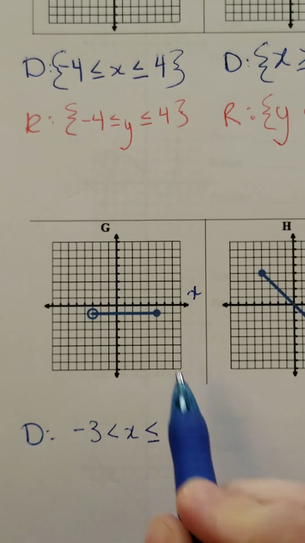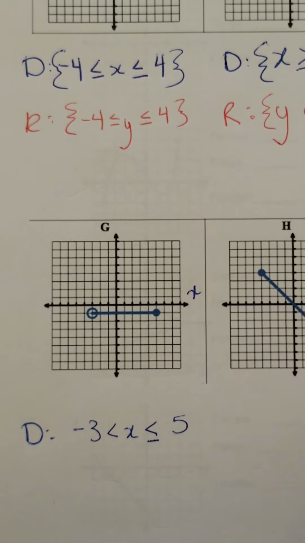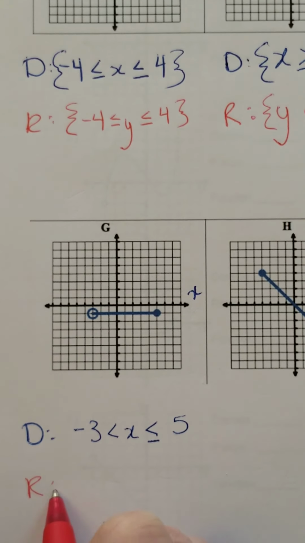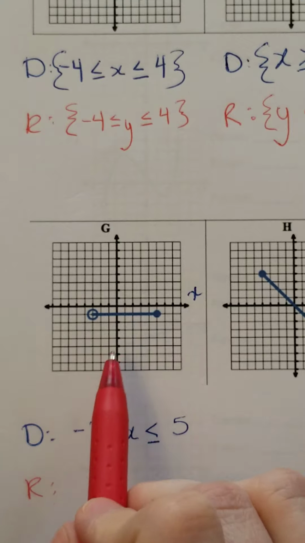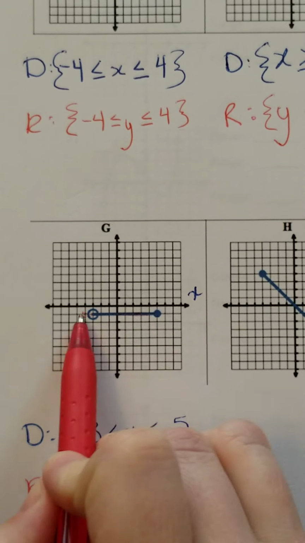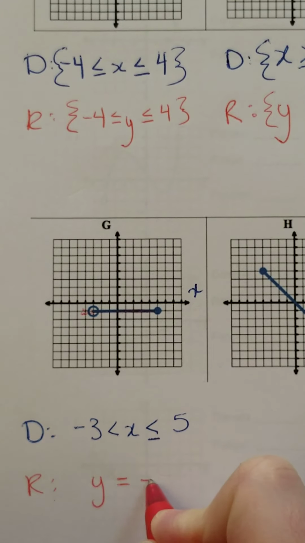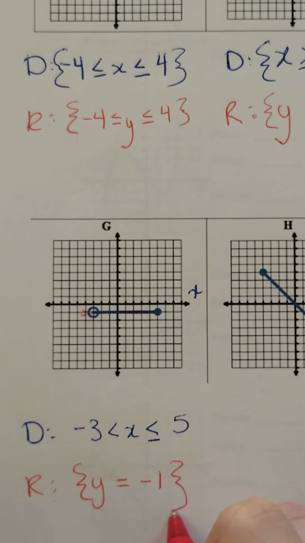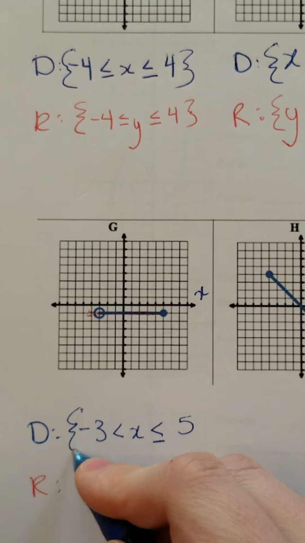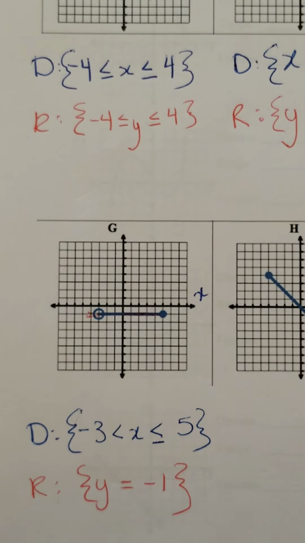I do include it at the 5 because it is a closed circle. And then for range, it's the same thing as the one we just did. My line is always right here, which is at the value of y is -1. So y is always -1. Doesn't go higher, doesn't go lower.